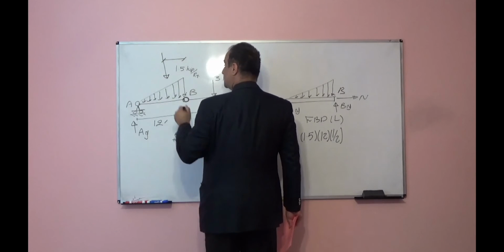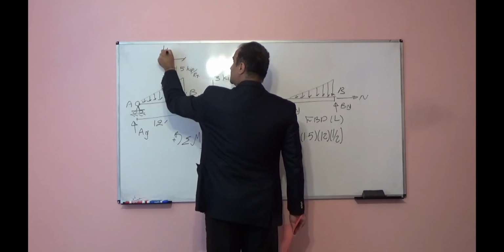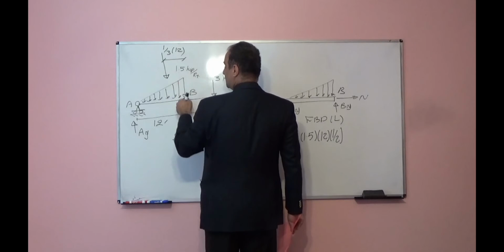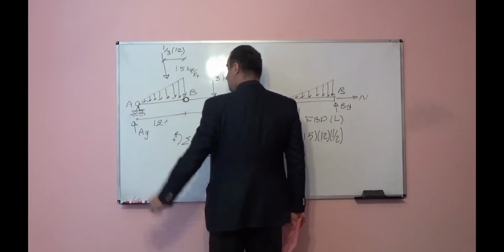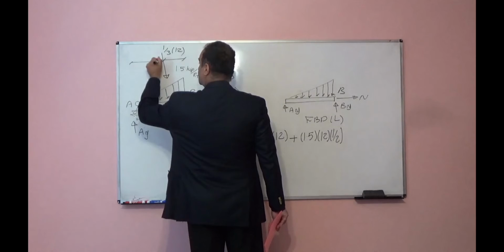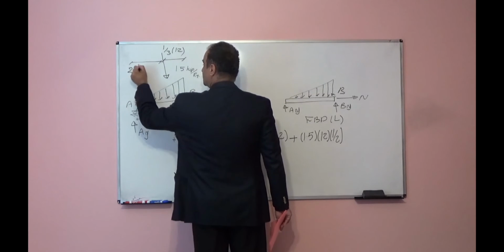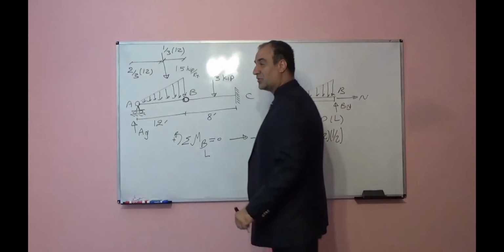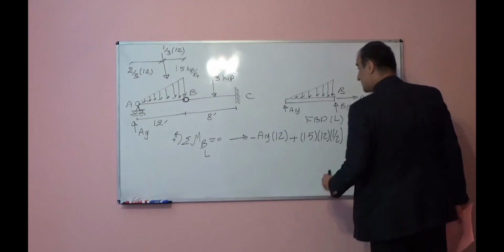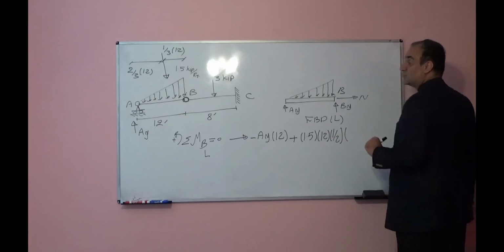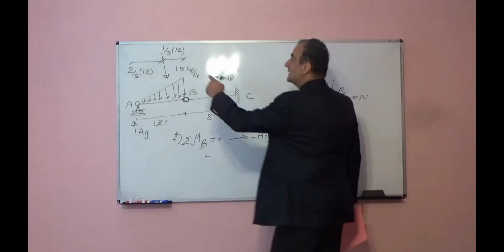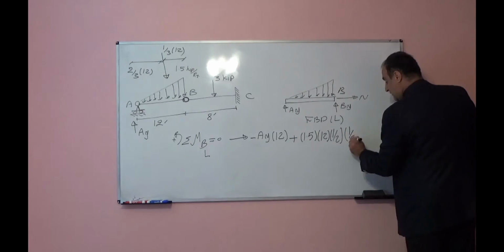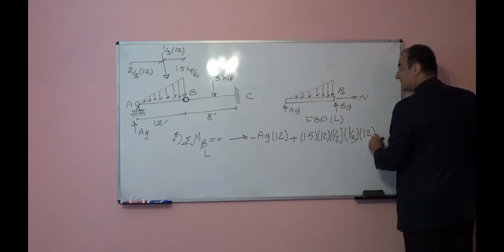From point B it is 1 over 3 times 12, and 2 over 3 from point A. Because we are taking moments with respect to point B, I should multiply by this distance, 1 over 3 times 12.